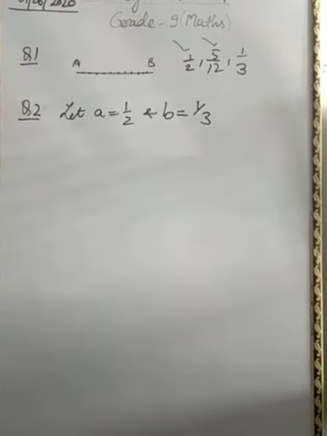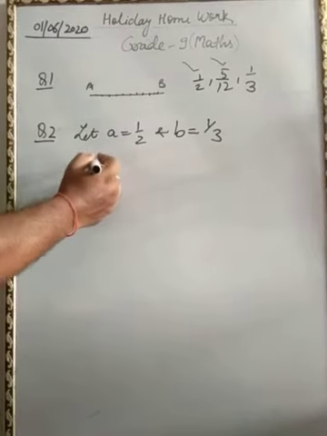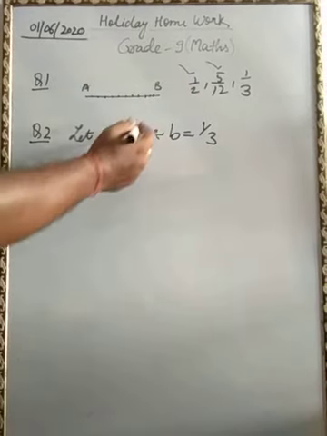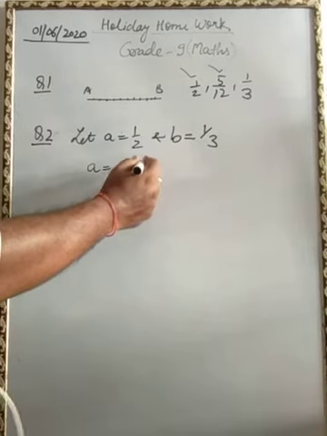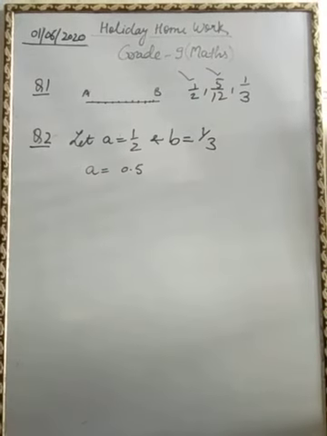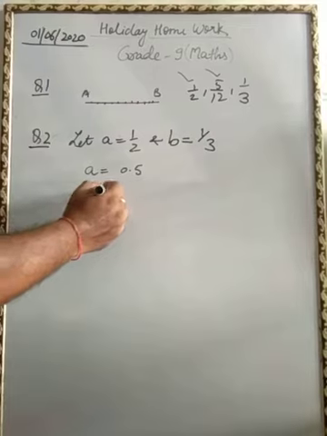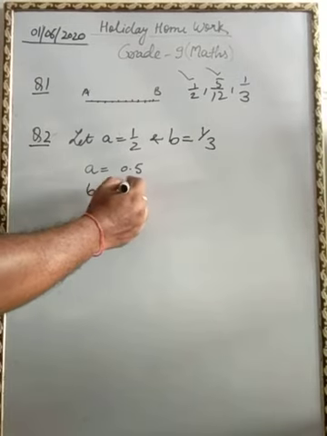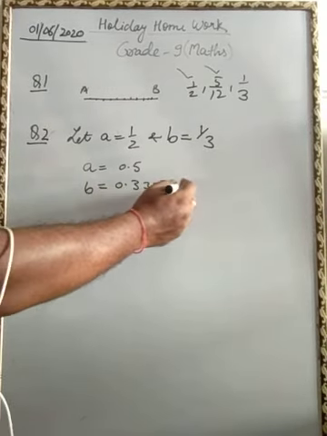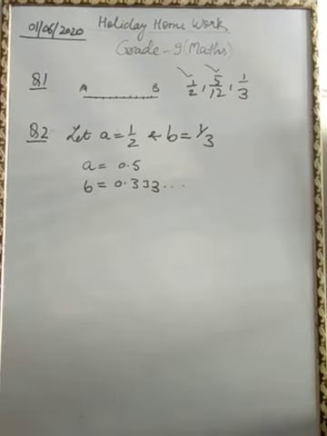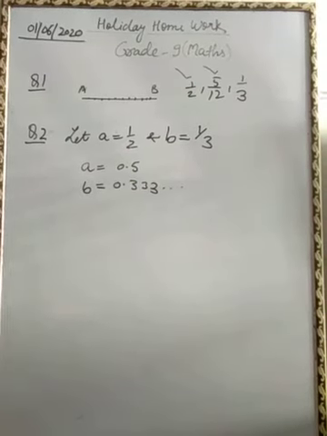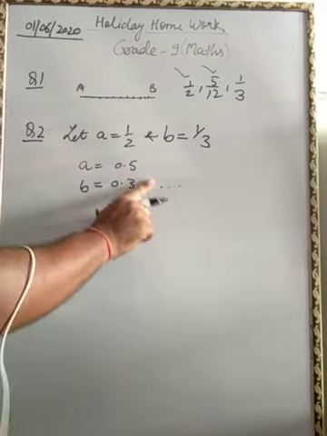So first of all, you have to write this A as, divide 1 by 2, so this will be 0.5, and definitely B equals 0.333. Okay. As we know, an irrational number should be... it is not looking nice, just wait a minute.